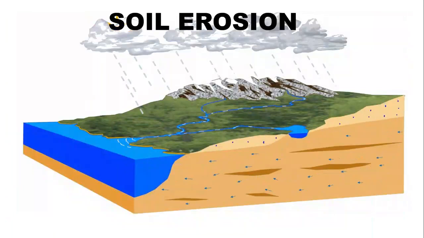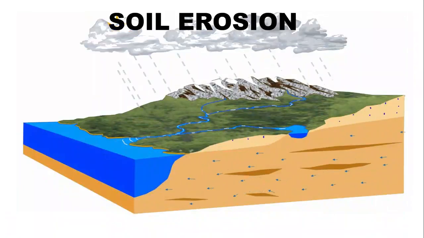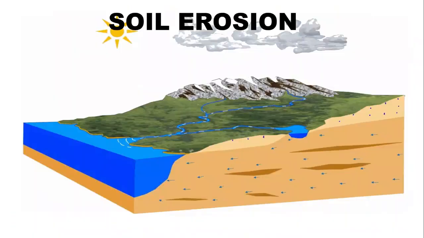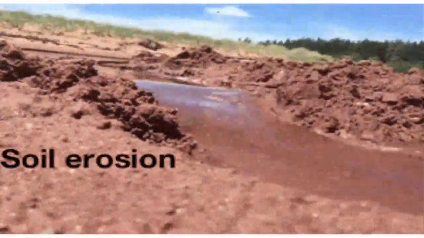Soil erosion is the removal of the top fertile soil from a region by wind, rain, or river water. Children, we can also say it is the washing or blowing away of the top layer of soil, as you have seen in these pictures.